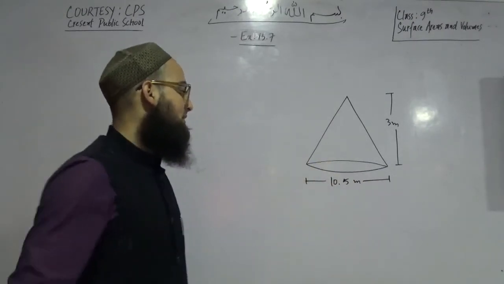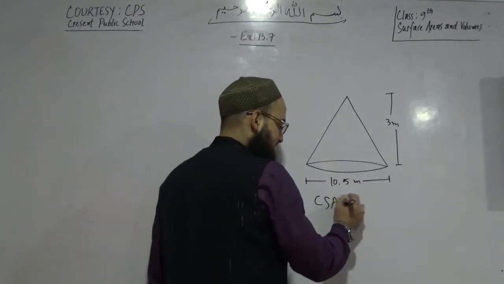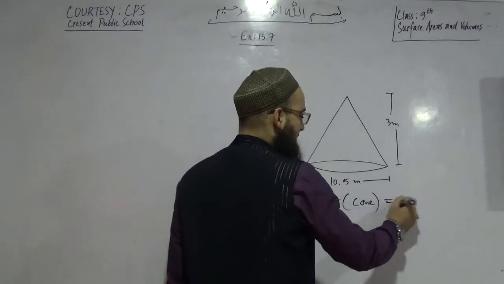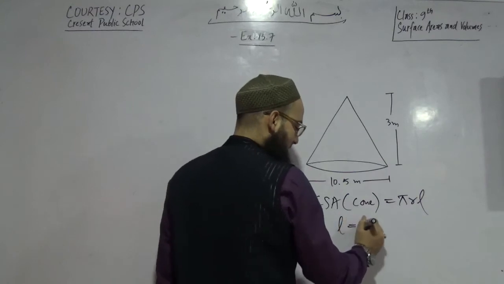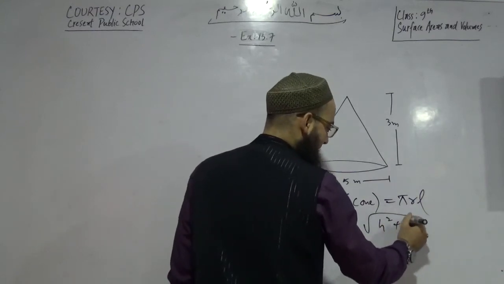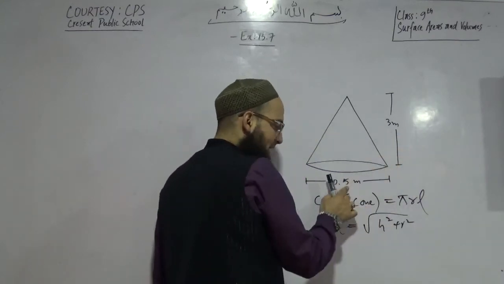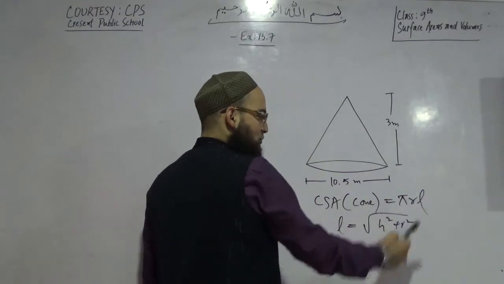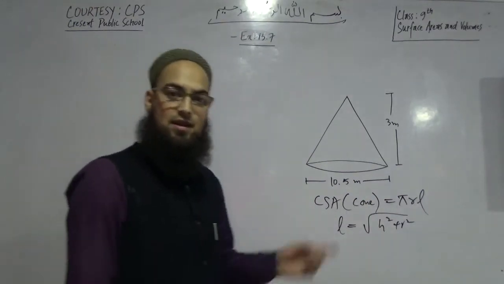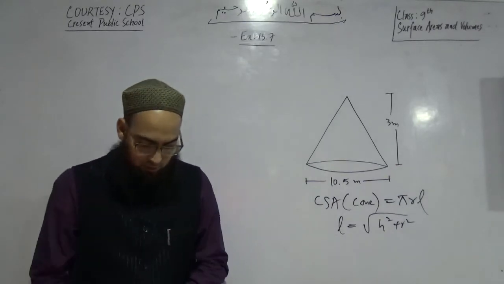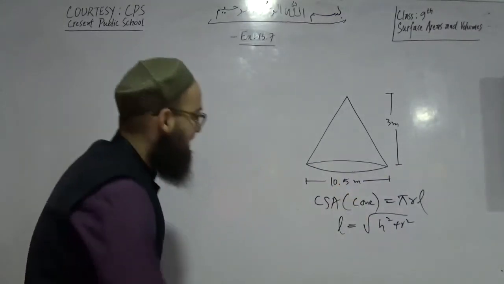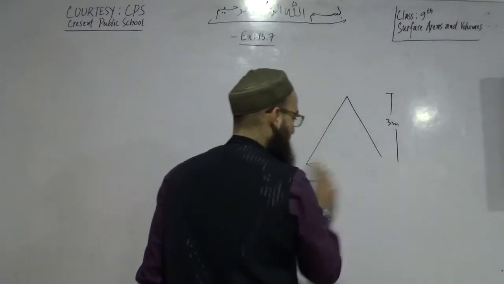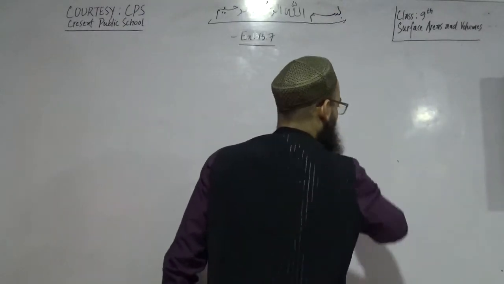What is called curved surface area of cone, that is equal to pi r L. Now first of all, get L from this formula, h square plus r square. You have height, you have radius, so you'll get L. Then do pi r L, you'll get the curved surface area, and that is the amount of material required for the canvas to make. Got it? Hope you understand this. And with this, we are done with this exercise as well.